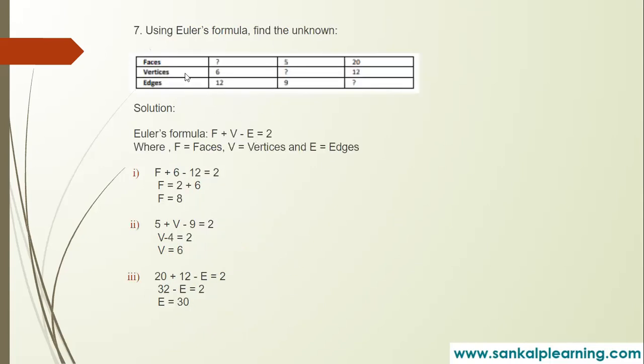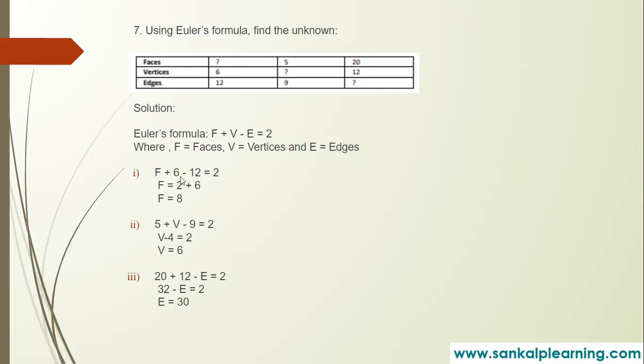Here children, they have given vertices and edges. Here you have to find faces. Okay, so they have left one out, and you have to find it by using the formula. Faces are not given, you have to find it. So F plus 6 vertices, edges 12, is equal to 2.